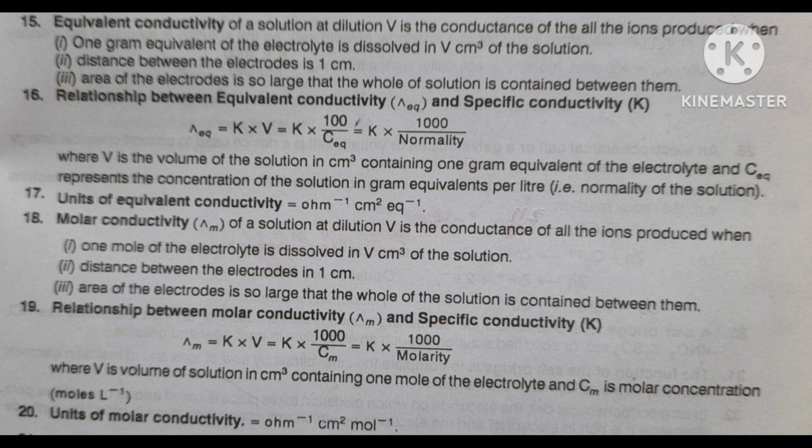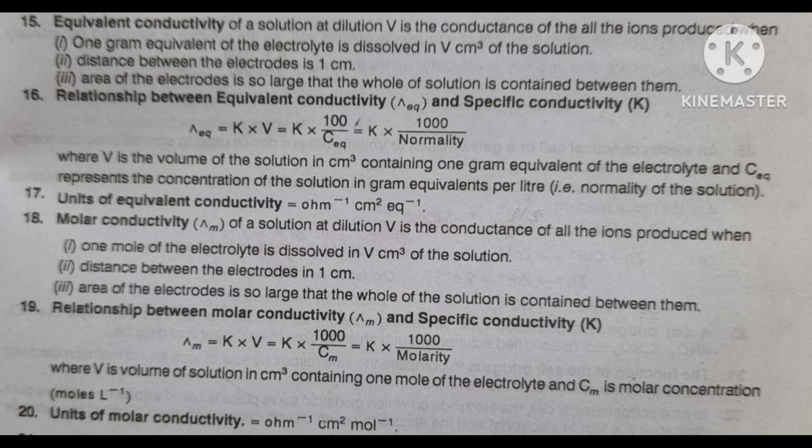Anyway, better remember ohm inverse centimeter square mole inverse. Same way as the unit of equivalent conductivity, no difference at all. Only in the place of equivalent, here you will write mole.